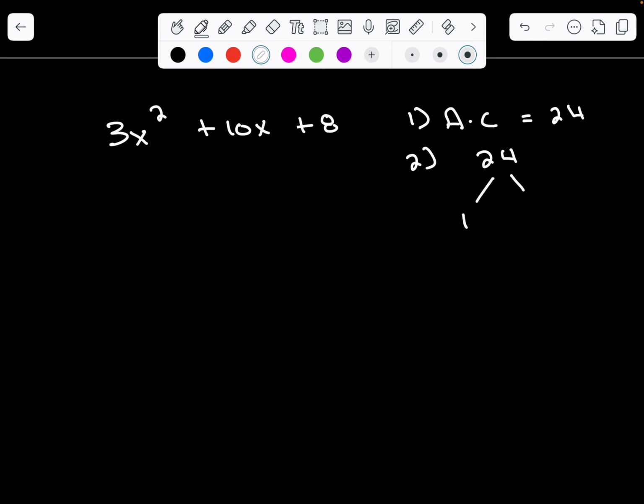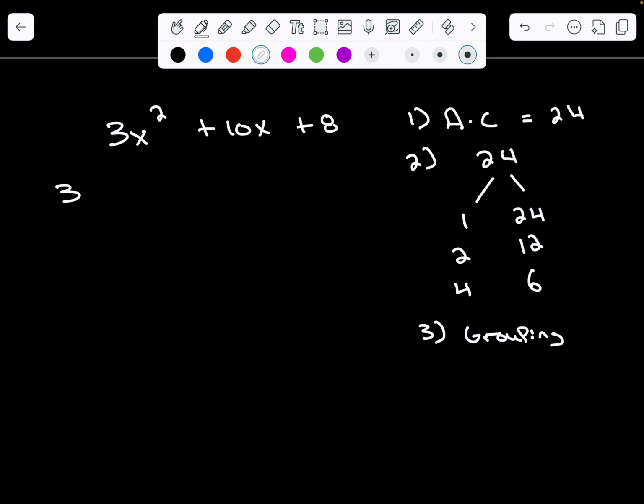Well, we have 1 and 24 are factors, 2 and 12 are factors, 3 is not a factor, 4 and 6, so on and so forth. So I'm going to stop here because I know that 4 plus 6 is 10, 4 times 6 is 24. Okay, so our third step is to rewrite this and factor by grouping.